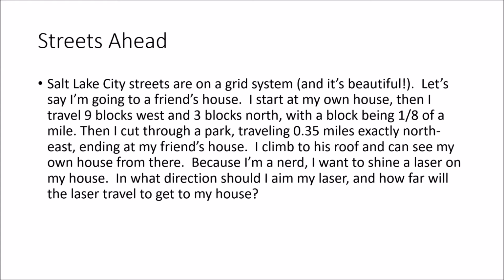I used to live at an address that was 311 South 1000 East. That means that I lived on the street called 1000 East, and that street was exactly 10 blocks east of the center of town, and it was just south of 300 South.